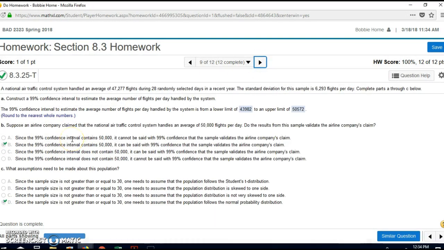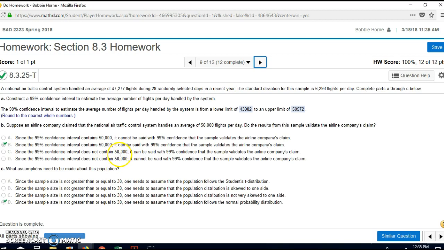For question number 9, same thing. You're going to put all of this information into StatCrunch. And since the 50,000 here falls within the confidence interval, 50,000 is in between these two numbers, we can say with 99% confidence that the sample validates the airline company's claim.